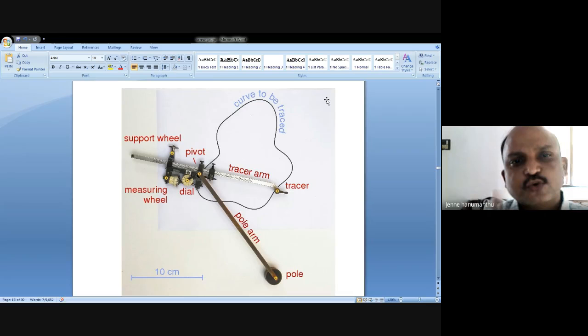The first digit shows the dial value. After the point we have two digits; these come from the scale on the wheel, and the remaining last digit is calculated from the vernier. When the tracer moves along the curve, only then the disc as well as the wheel move.